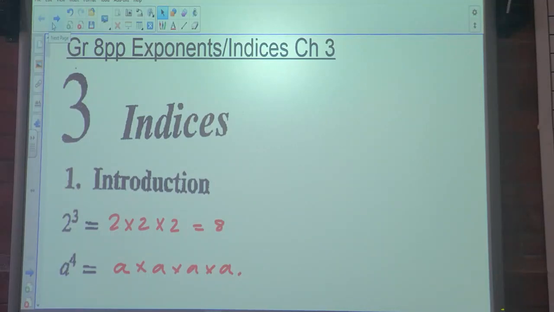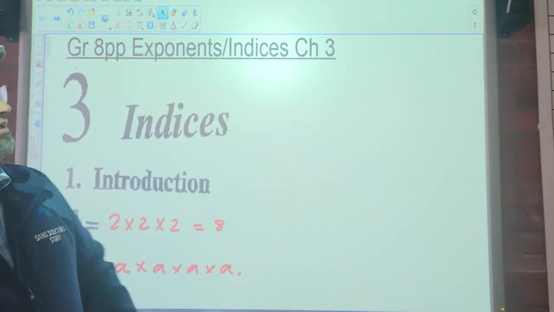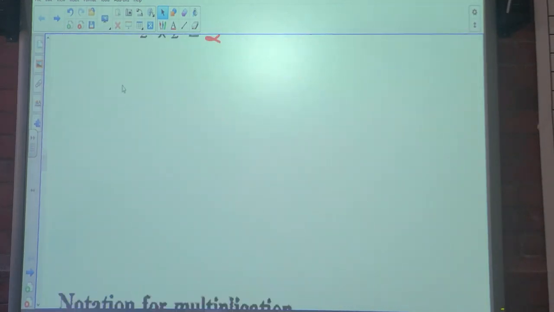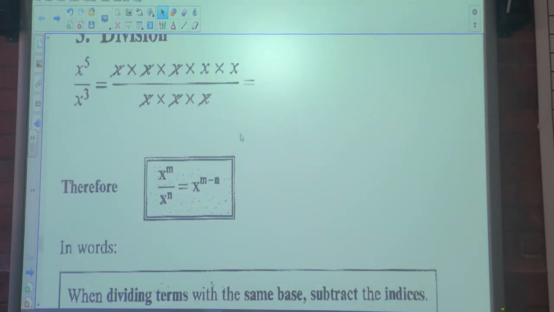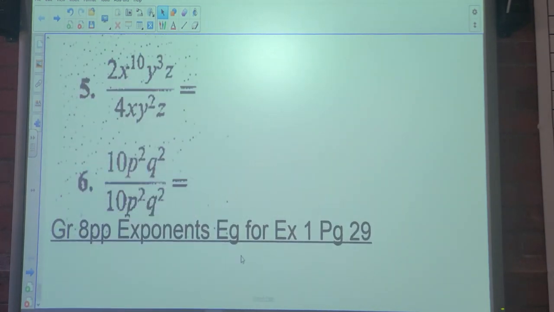Okay, good morning class. So today we're looking at exponents or indices. We're looking at the examples for exercise 3, as we have done exercise 2 already.